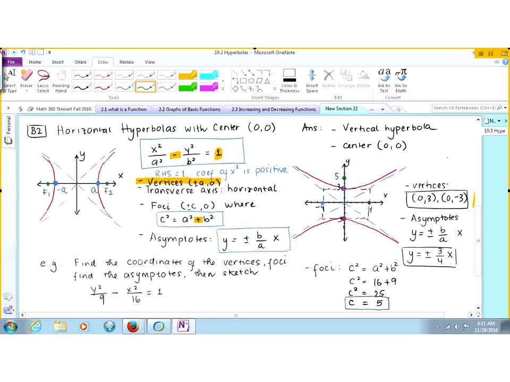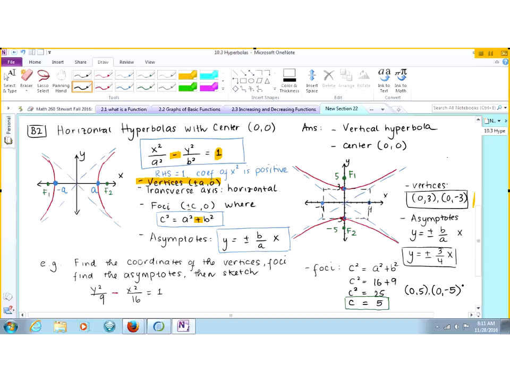So this one is your focus, 5, and this is -5. So what are the coordinates of my 2 foci? 0, 5 and 0, -5. Yes. Do I need to memorize the formula? No, everything comes from the sketch.